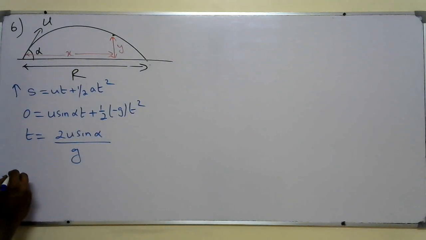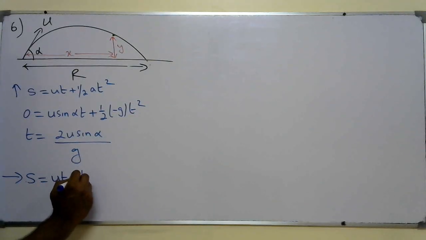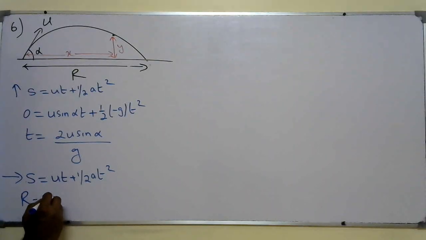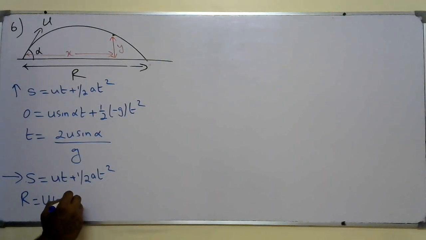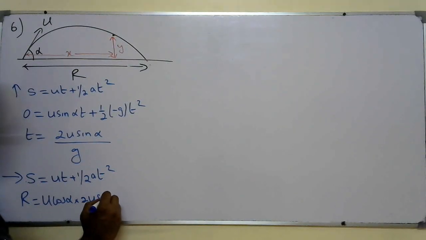So when you consider horizontal displacement, s equals ut plus half at squared. The range r equals u cos alpha into, instead of t, you can put 2u sine alpha over g.